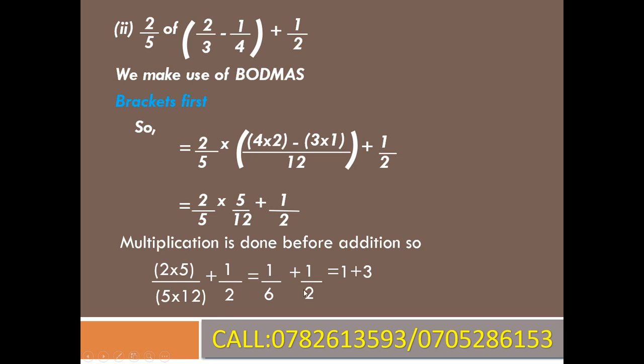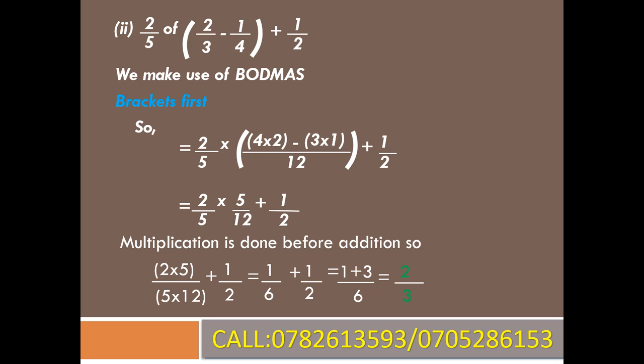The LCM of 6 and 2 is 6. So 6 divided by 6 is 1, times 1, which is 1. 6 divided by 2 is 3, times 1, 3. That gives us 4 out of 6, which we can simplify to give us 2 out of 3.